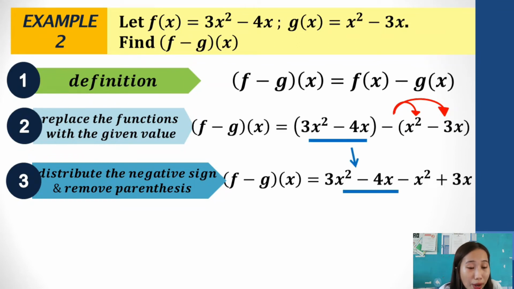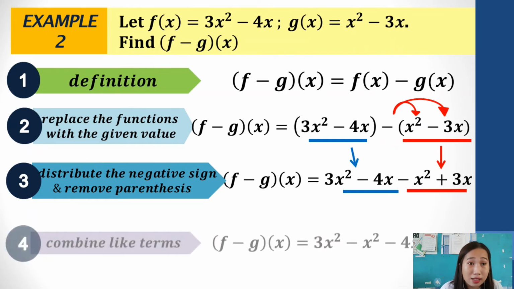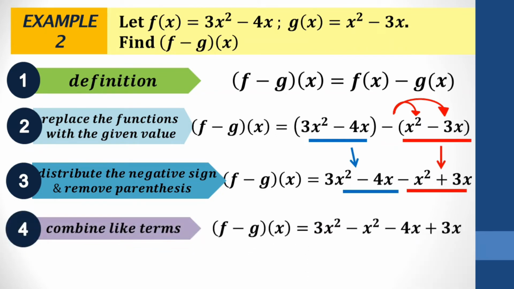From 3x squared minus 4x, kinopya siya sa baba, tapos distribute si minus dun sa second function, naging minus x squared plus 3x. Fourth step, combine like terms. So, ang like terms dito ay si 3x squared and si negative x squared. And then, pinagsama mo rin si negative 4x plus 3x.